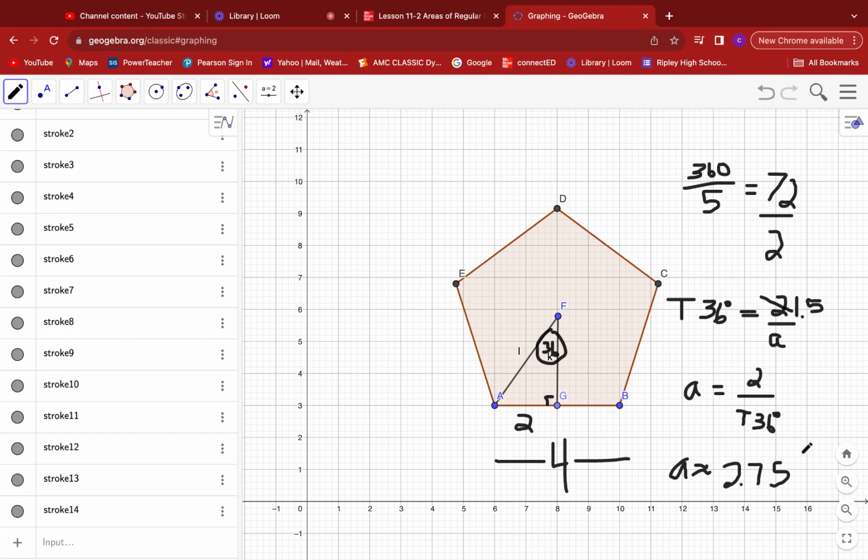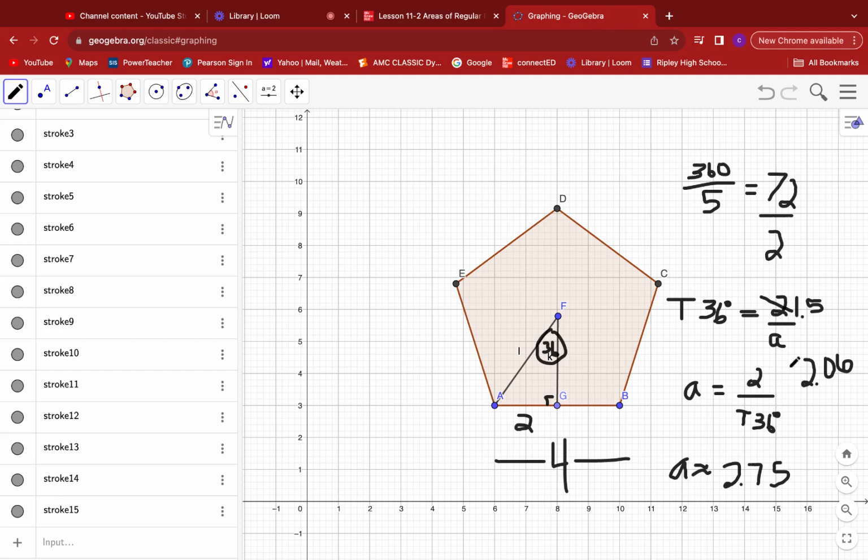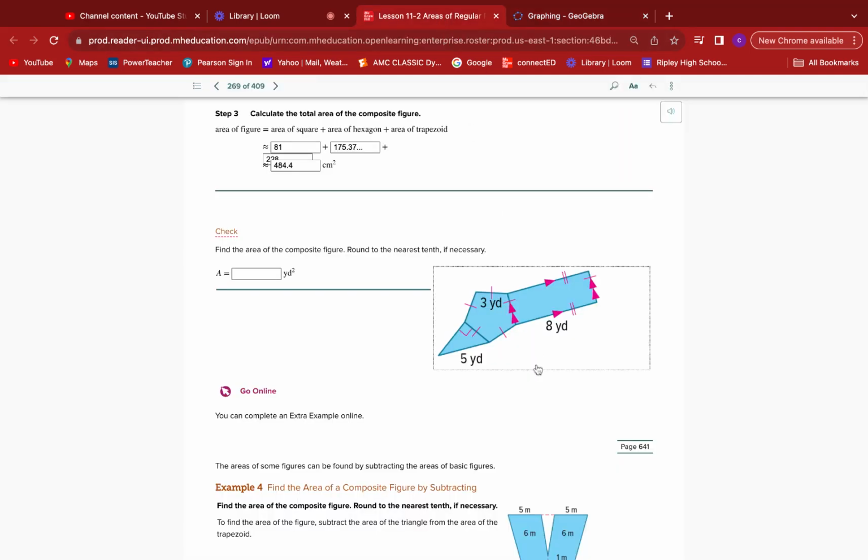All right, you're going to be looking at, let's see, 2.06. So 2.06 for the apothem of this pentagon. The formula is one half times the 2.06 times the perimeter, which is 3 times 5 is 15.